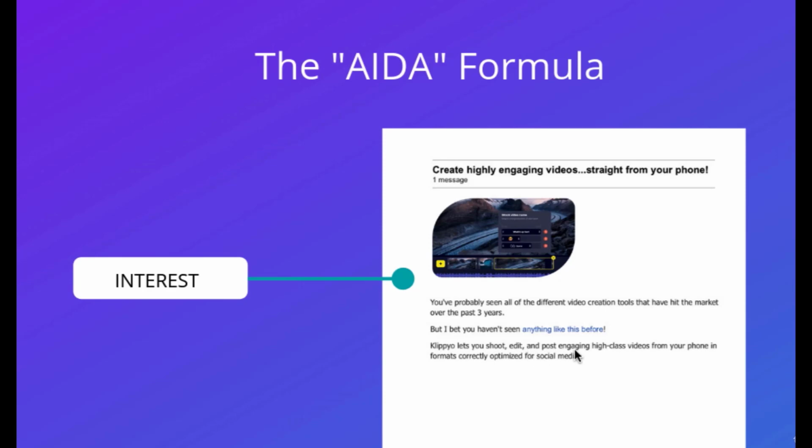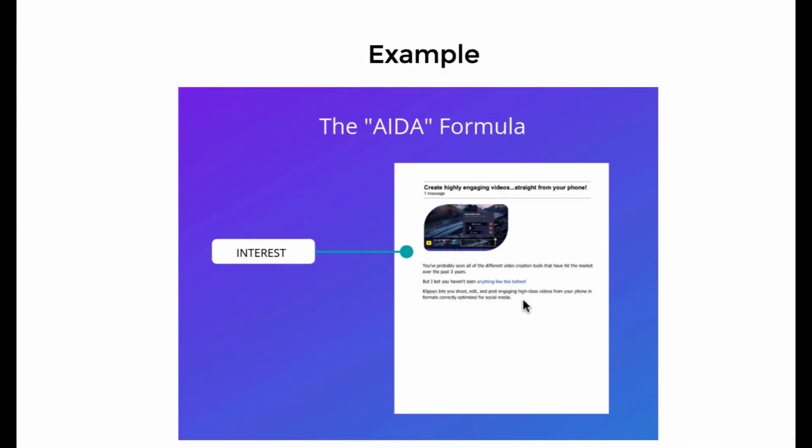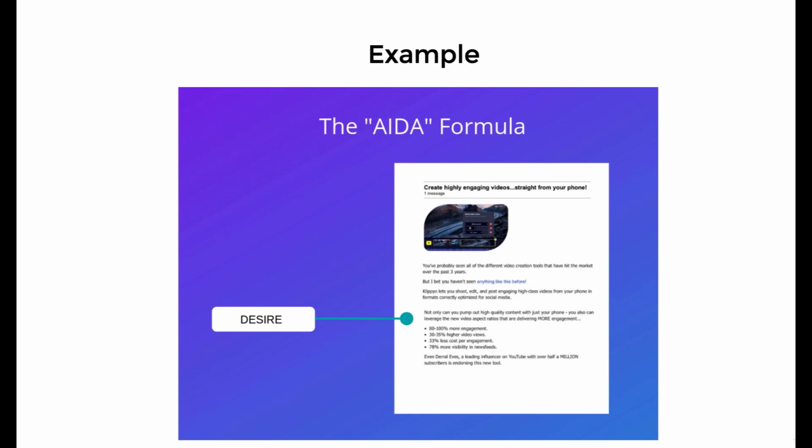For example, you can shoot and edit high-class videos from your phone, and it automatically recognizes this. There are other options out there, but this one is different, guys. So I am very interested. I really want to find out why, and I want to learn how to make something better.